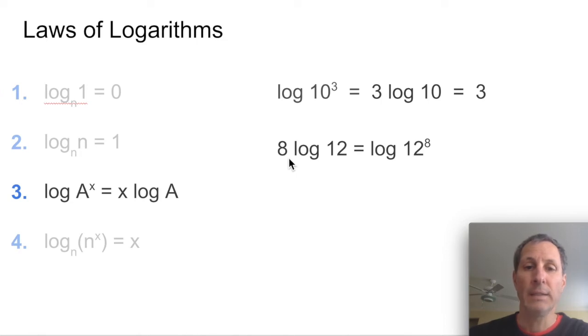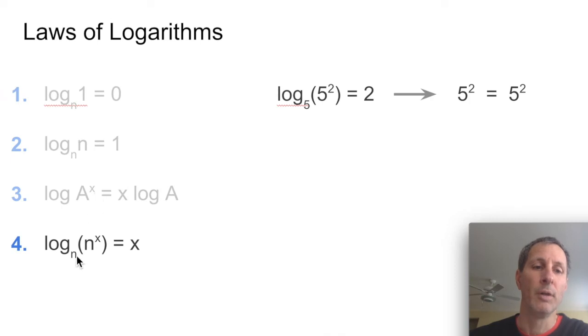Now, 8 log 12 is equal to log of 12 to the 8th power. In other words, you can move this 8 from out in front of the log into the exponent of the 12. So you can work this both ways. That's a very handy law, and you'll probably use it frequently when you're solving logarithmic equations.